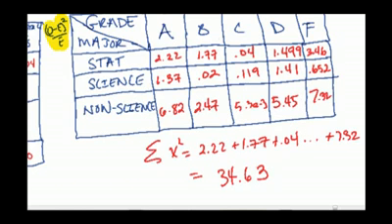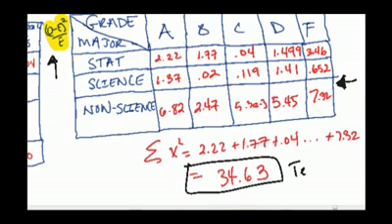These should be the values that you get when you take your observed minus your expected, square it, and divide by your expected. You should get this table, and when you sum up all of those values, you should get this as your chi-squared. This is your test statistic.